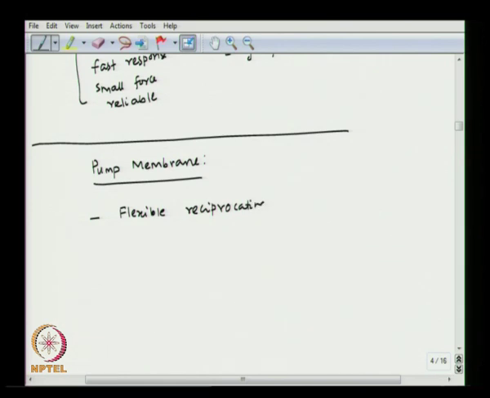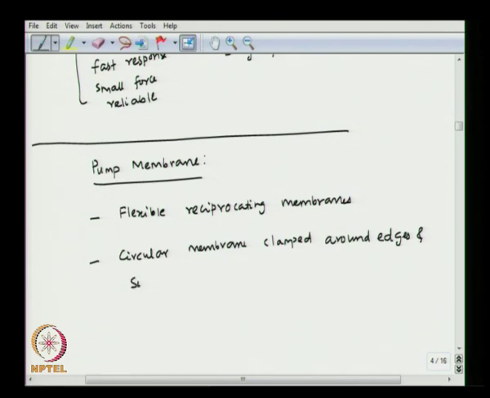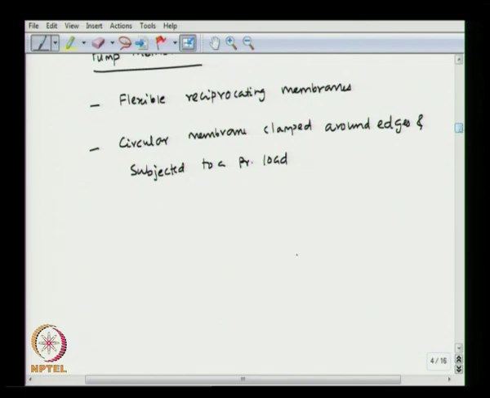These are flexible reciprocating membranes, and here if you consider a circular membrane, clamped around its edges, and it is subjected to a pressure load, okay. So, this is the situation we would have.